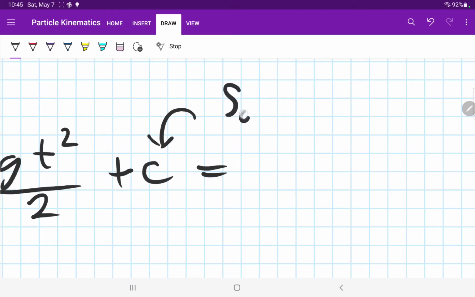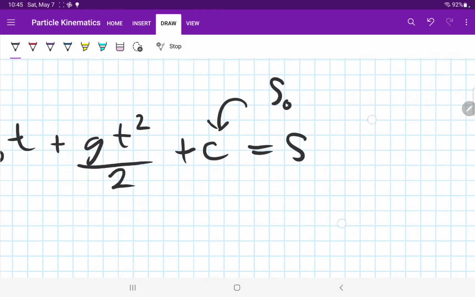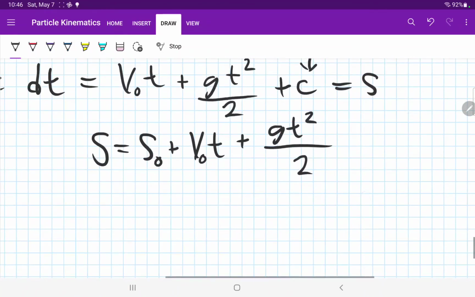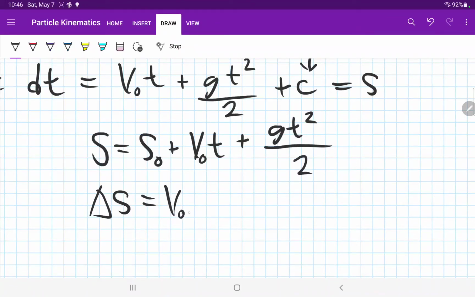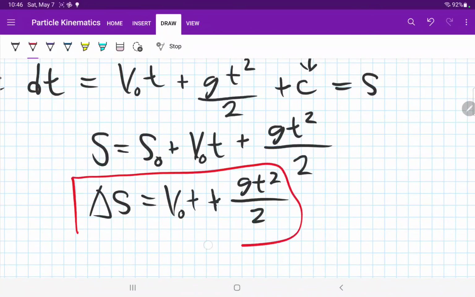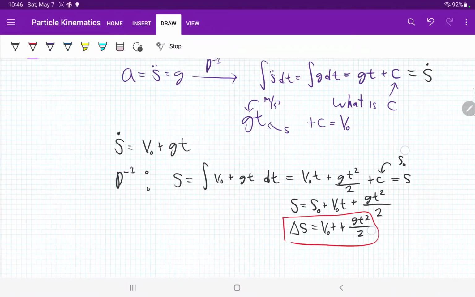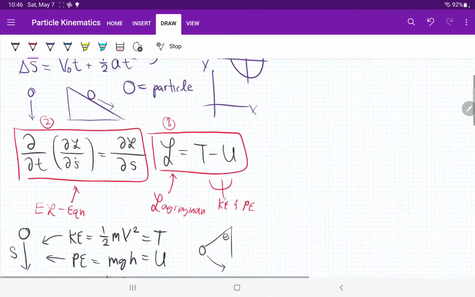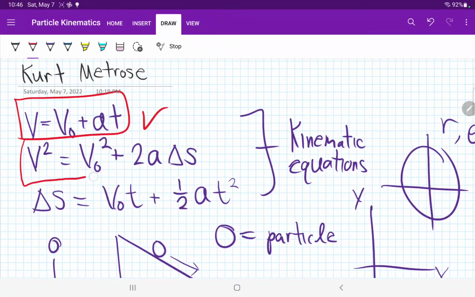I'll just write s0 for short. So in other words, s is equal to s0 plus v0 t plus gt squared over 2. And then earlier I had delta s, so s minus s0 is equal to v0 t plus gt squared over 2. So we'll box this one. And we should also box this one right here. And now we can cross this guy out.